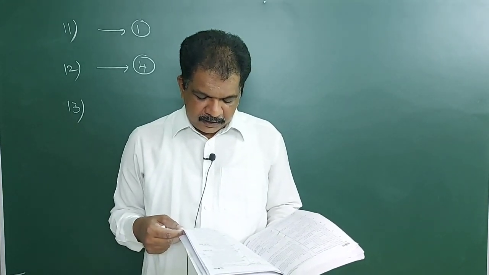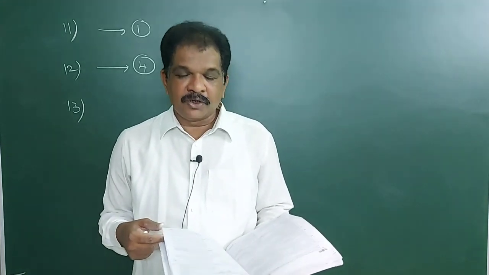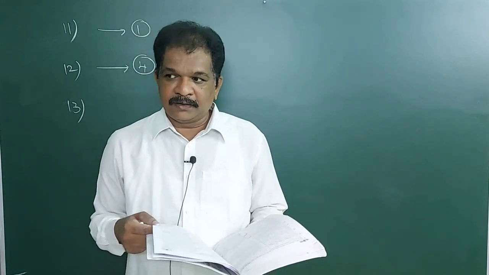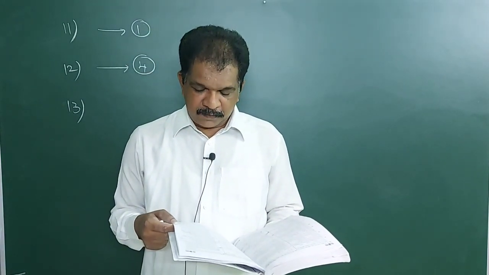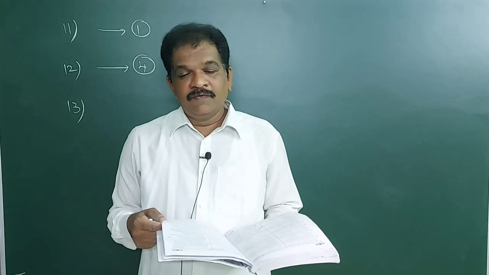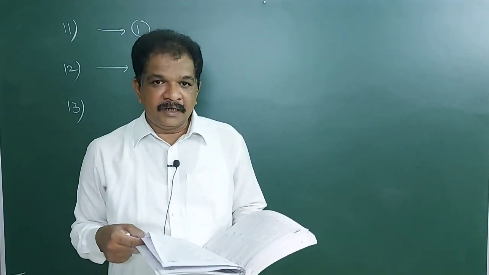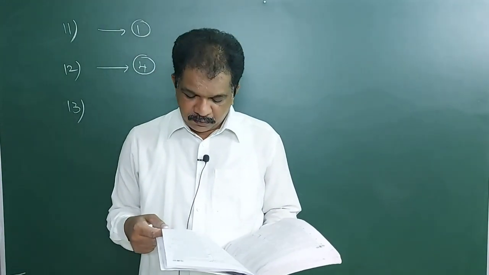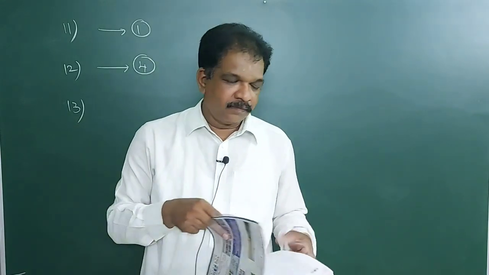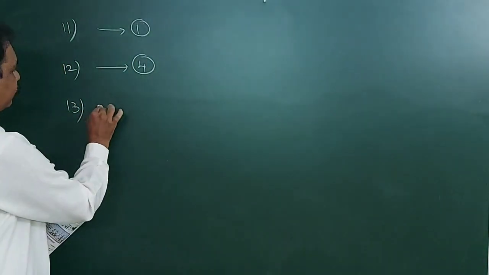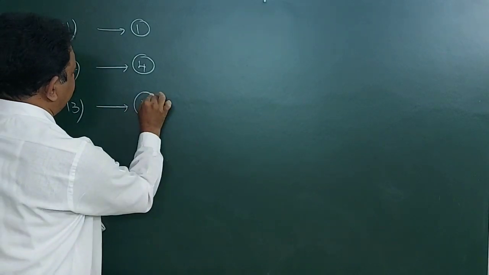Radioactive element can undergo spontaneous emission. No, all radioactive elements can't go spontaneous emission. If packing fraction for that material is negative, they won't go any spontaneous emission. So 13, fourth option will be correct.